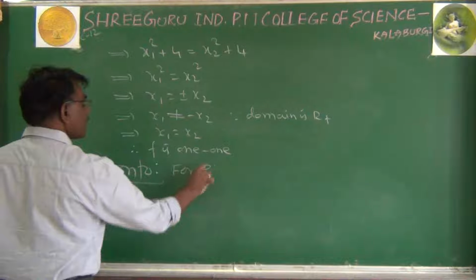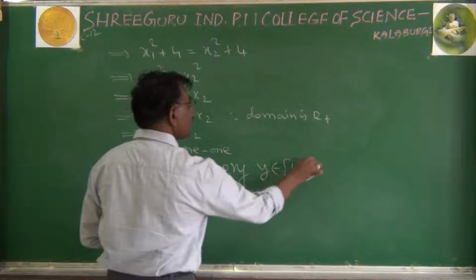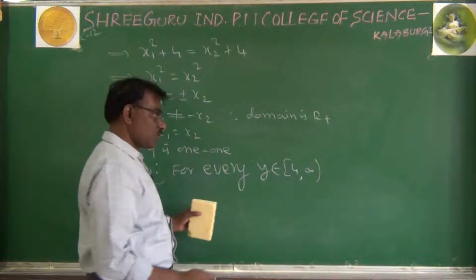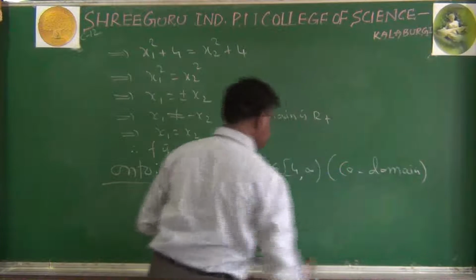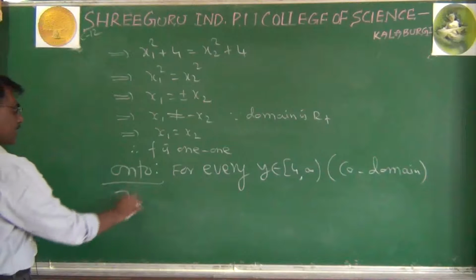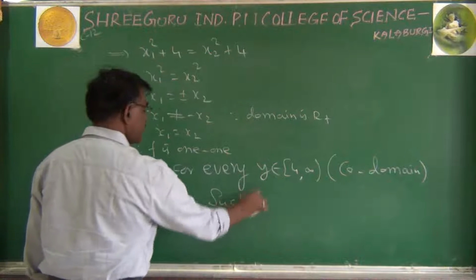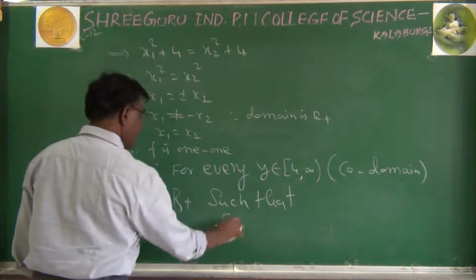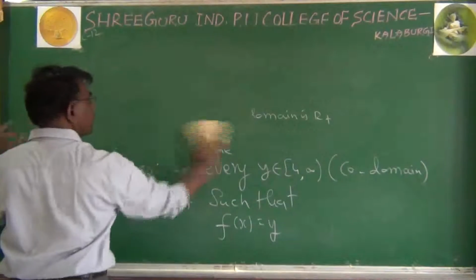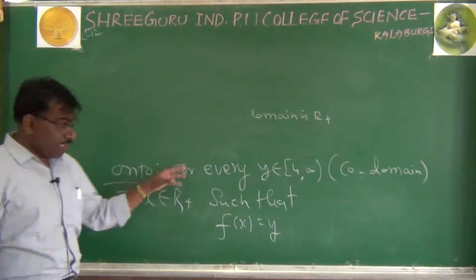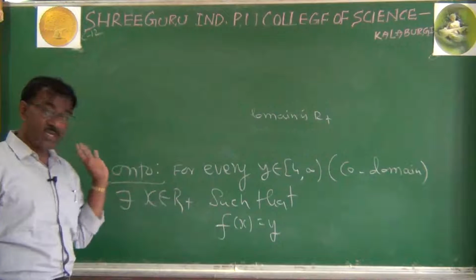For every y belongs to [4, infinity), the codomain, there exists x belongs to R plus such that f of x equal to y.